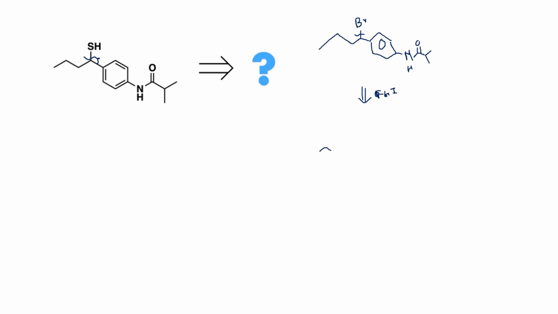What will you get? We are substituting this bromine with the OH. Next we can substitute this OH group with a ketone.